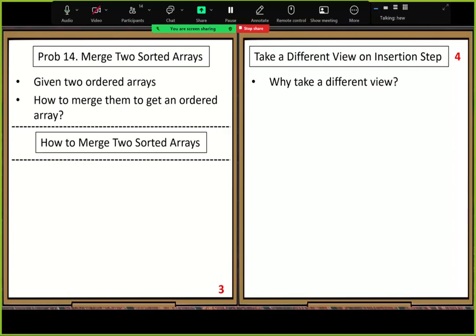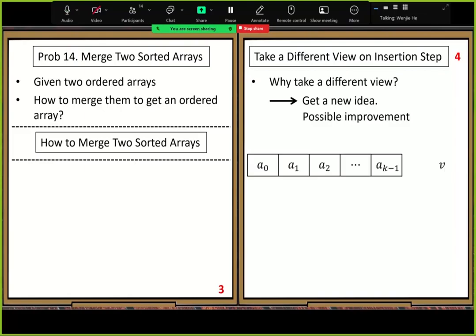Here we take a different view on the insertion step. Why do we take a different view? Because we need some new idea. We don't just want to repeat the insertion step. We want to modify the insertion step.